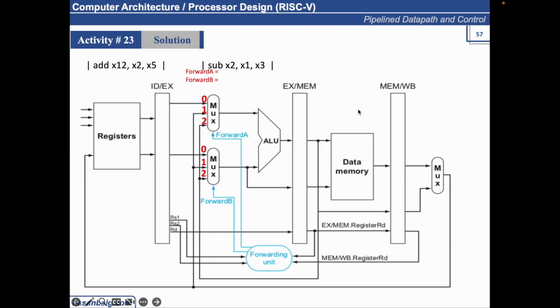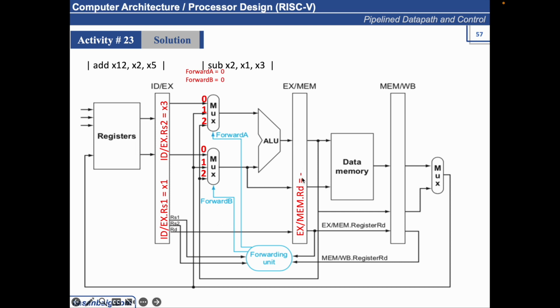When the instruction is in this phase, what will be the value of forward A and forward B? We do not know at this point. IDX RS1 is X1, IDX RS2 is X3, but the value of RD is not updated in this register yet because it is currently being executed here. Only once the clock cycle is finished will this data be updated.